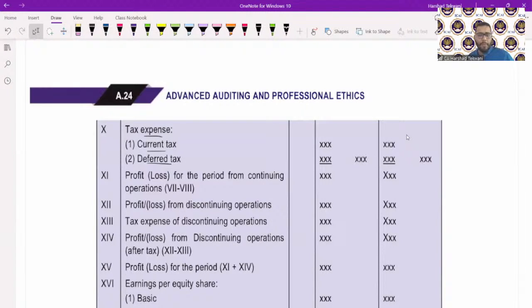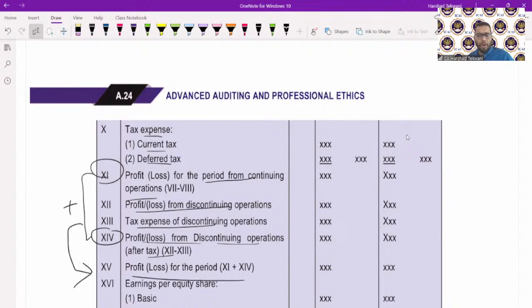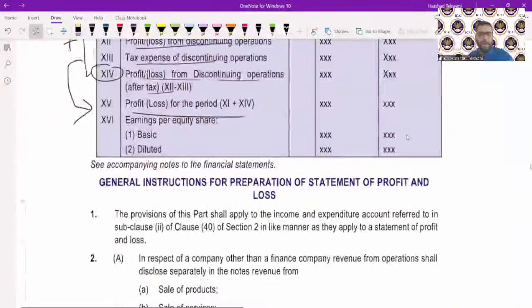Then it will be profit and loss from continuing operations. Then you add profit and loss from discontinued operations and tax expense from discontinued operations. You get profit or loss from the discontinued operation, and if you add up both, you get profit and loss for the period. Then you need to calculate EPS, basic and diluted.